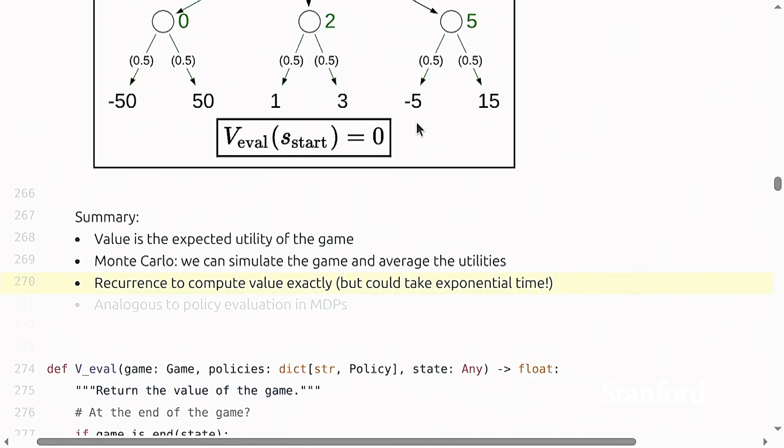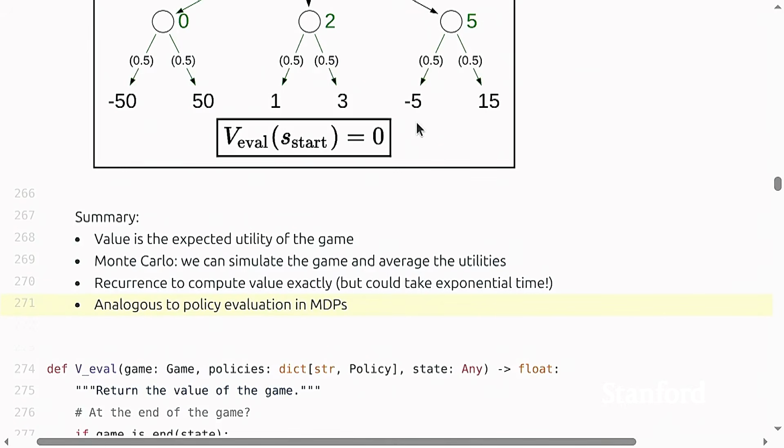And this is analogous to policy evaluation in MDPs. Remember, in policy evaluation, you're given a policy of the agent. You're also given the environment transition dynamics, which you can think about as the opponent if you want, and then you're just computing the value.